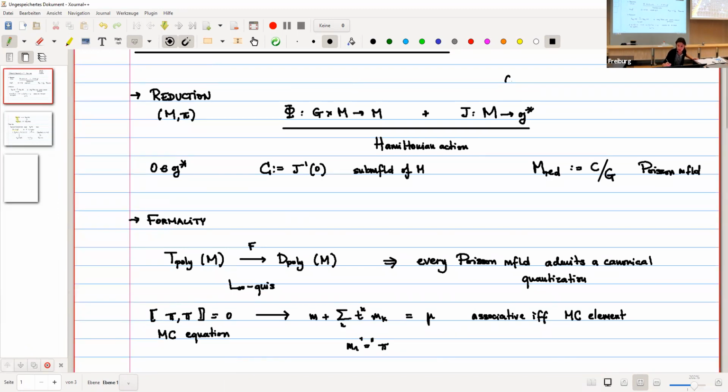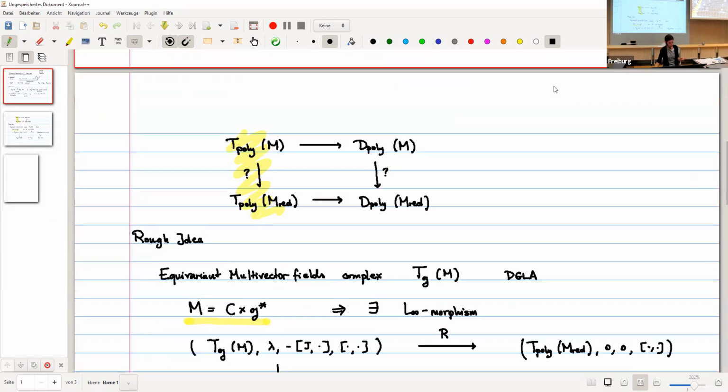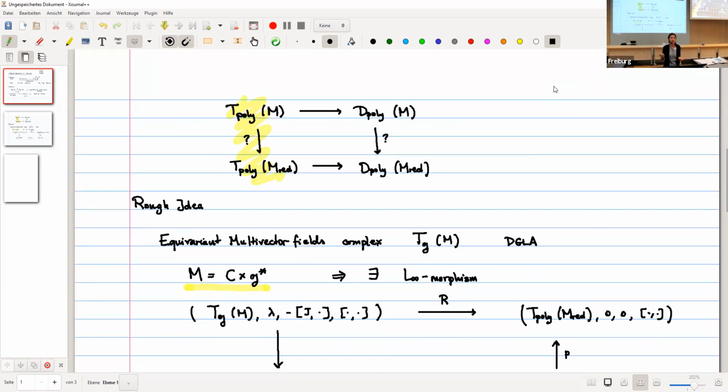Equivariant means that it's invariant on the manifold and Ad*-invariant here, and therefore that forces you that in g* you're acting by the coadjoint. And you will see that when you have this splitting of M as C × g*, the momentum map is just a projection on C. Right? Okay, thank you. So, the very easy one.